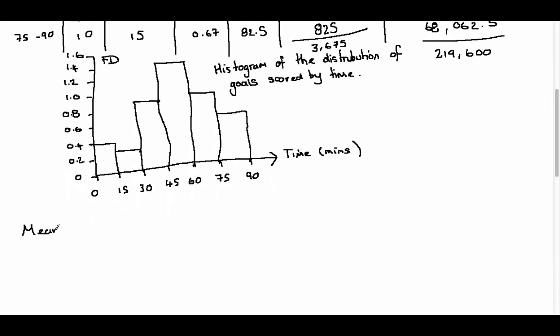So my mean, as I know, is the sum of all divided by the number. So the sum of all of them, I said, is 3,675, and the number of them is 72.